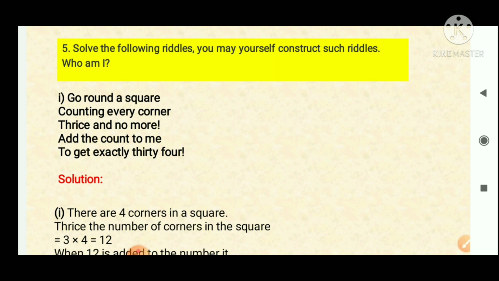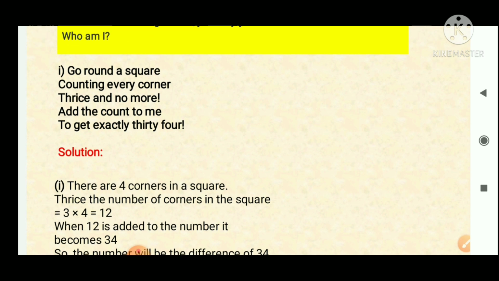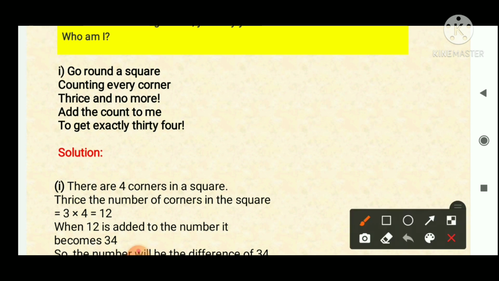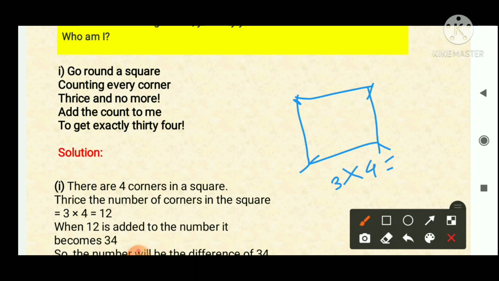Who am I? So see student, here it is given go round a square, which means we know that a square has 4 corners. These are the corners, we call them vertices. Then thrice the number of corners: the number of corners is 4 and thrice means we have to multiply 3 by 4. So 3 4s are 12.